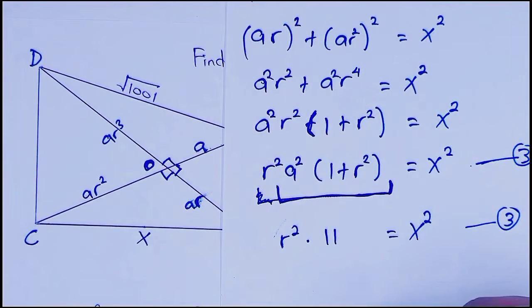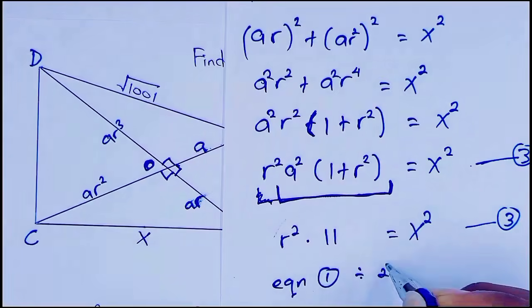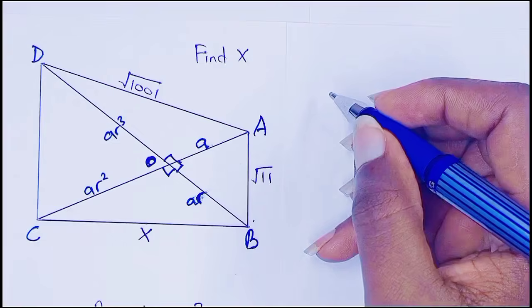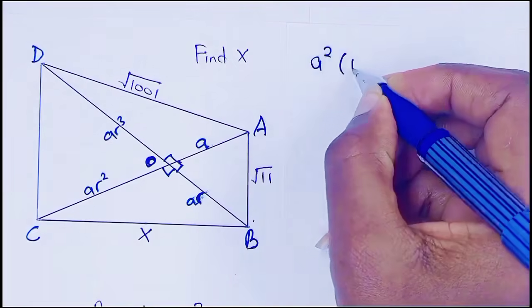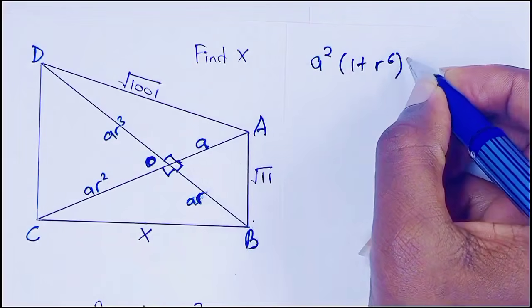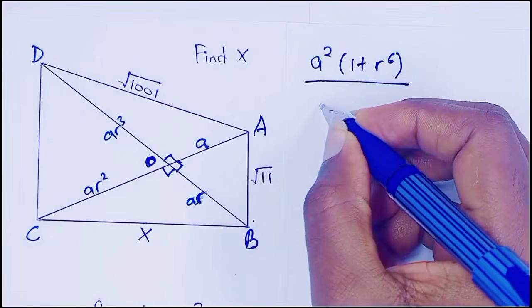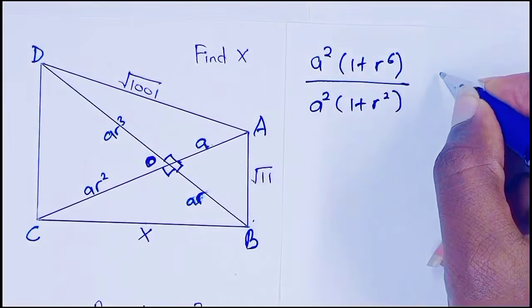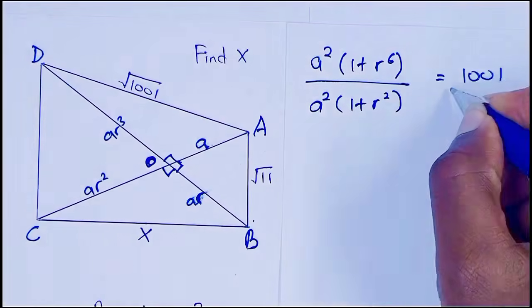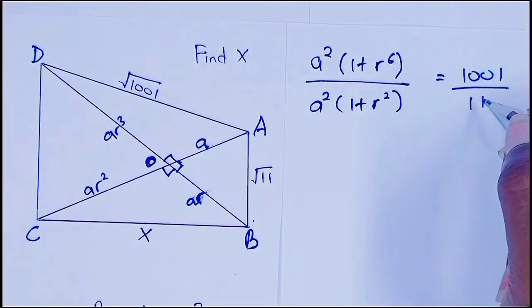So if we divide equation 1 by equation 2, we shall have A squared into 1 plus R power 6 divided by A squared into 1 plus R squared being equal to 1001 divided by 11.